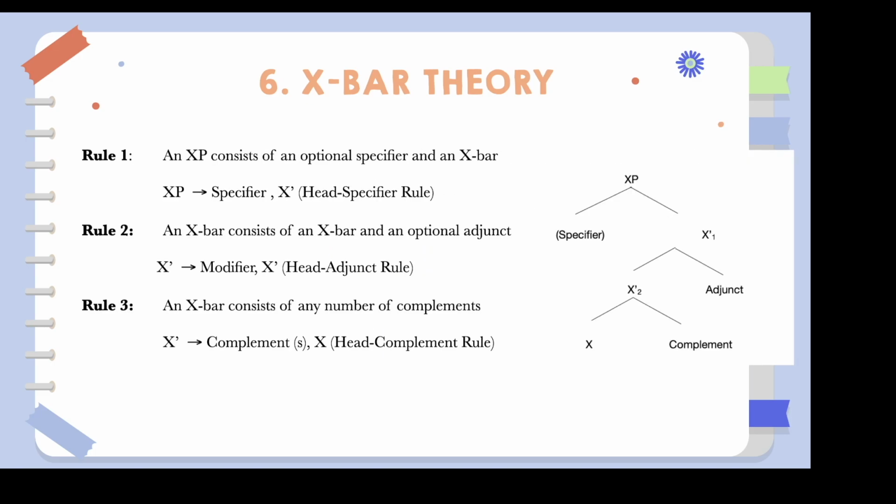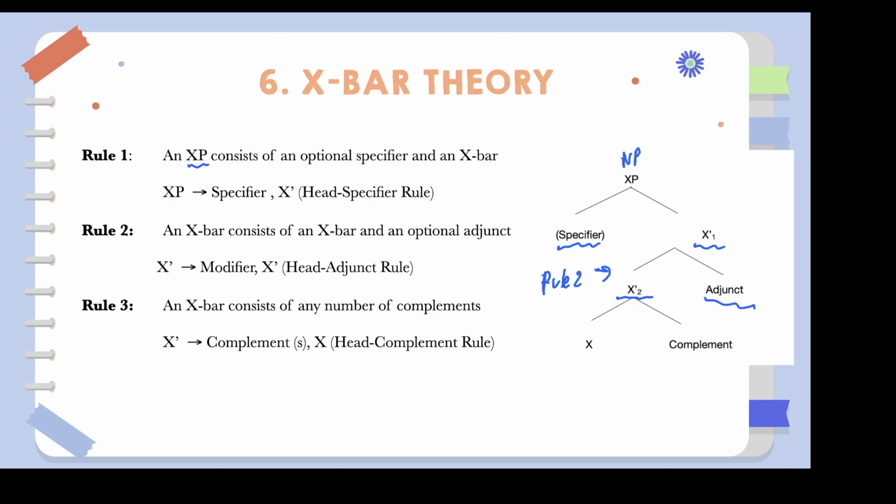Okay, so let me show you what kind of structure we call what. In X-bar theory, the bigger structure we call the phrase structure, right? So it is the XP, or we can call it NP. Under the NP, we can have the specifier and another X-bar, and under the X-bar, we have rule number 2. In rule number 2, it consists of X-bar and the optional adjunct.